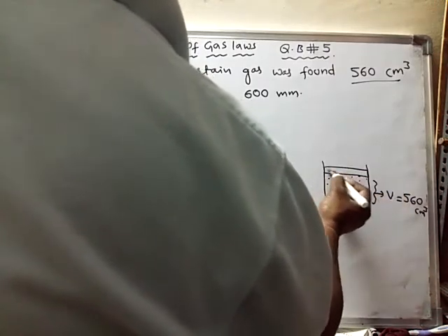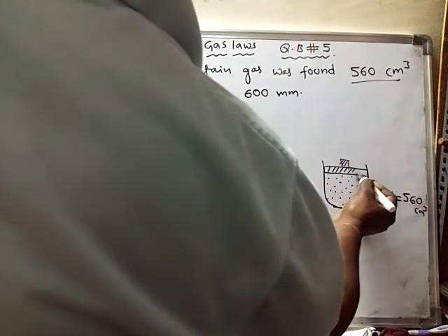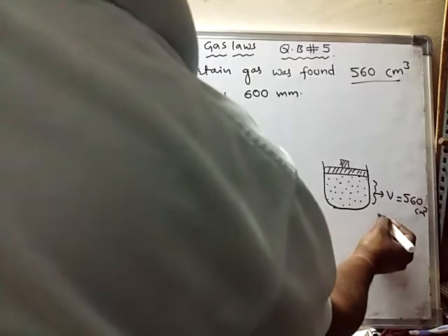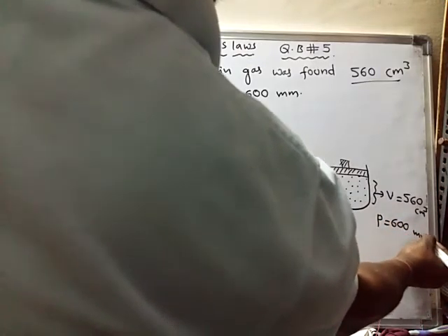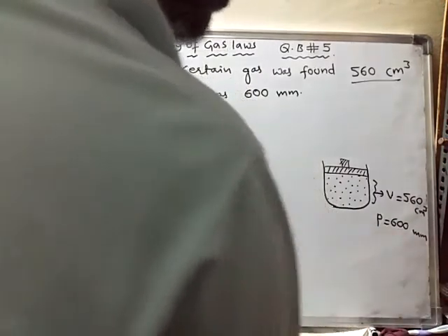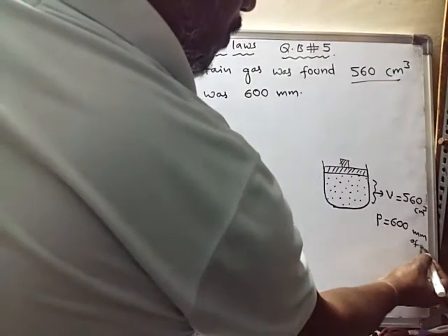Now this gas was under which pressure? This is the piston, and the gas is under a pressure of 600 millimeters. So we have to understand it as 600 millimeters of mercury.